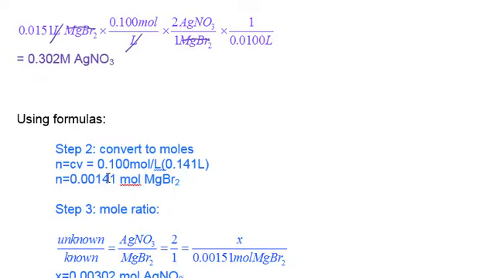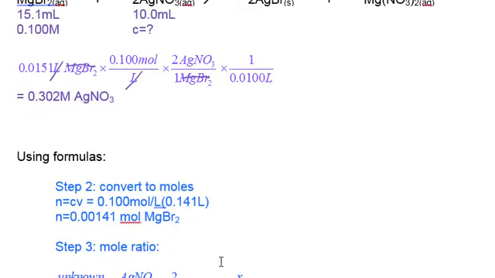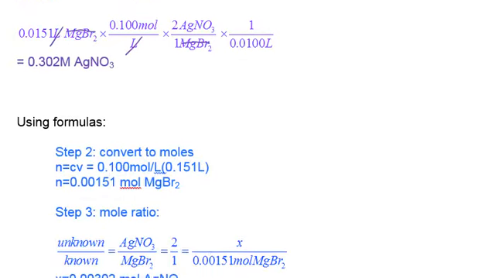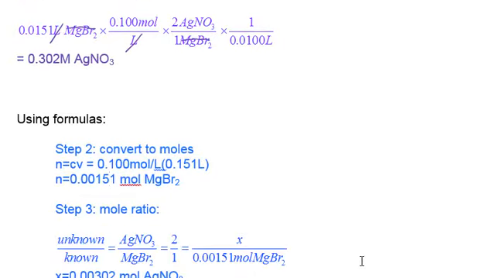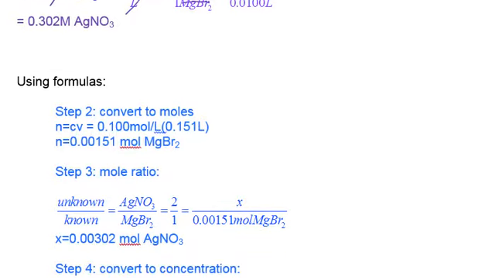And I see I mistyped something here. That should say 5.1. So when we do that, we use cross multiplication to solve for x, and we get 0.003 moles of silver nitrate. Step 4, convert to concentration.